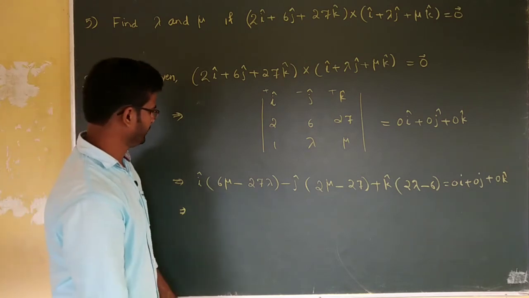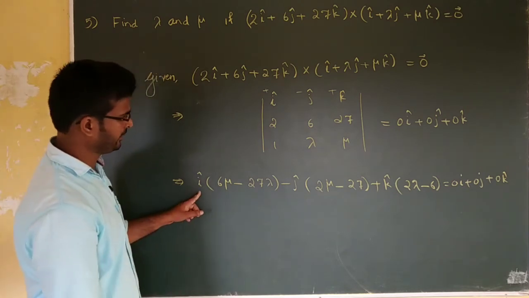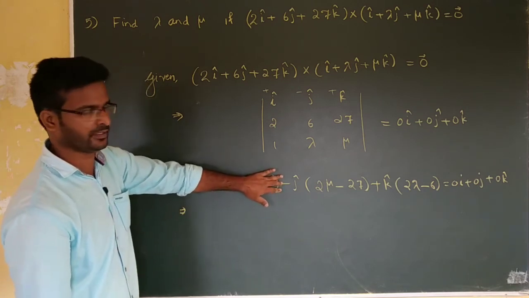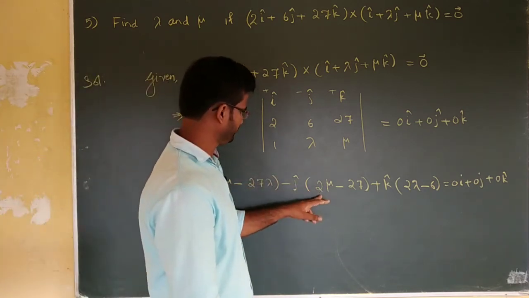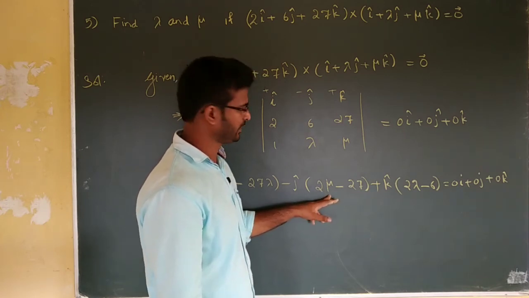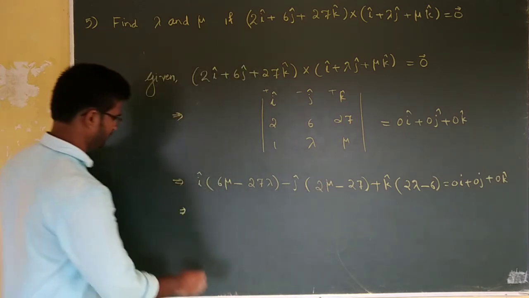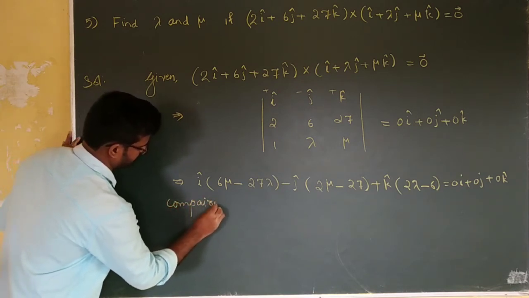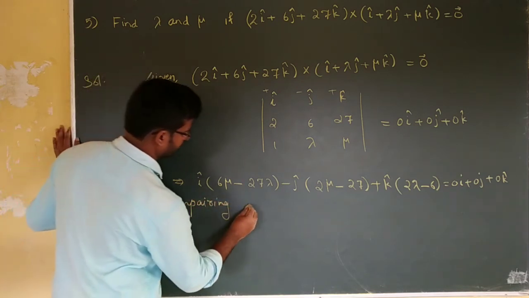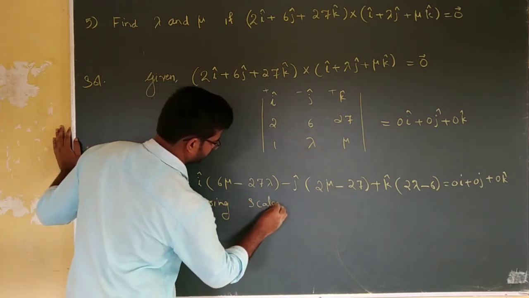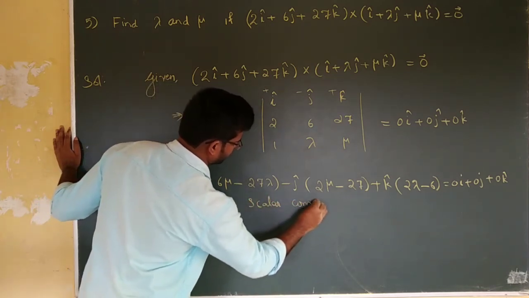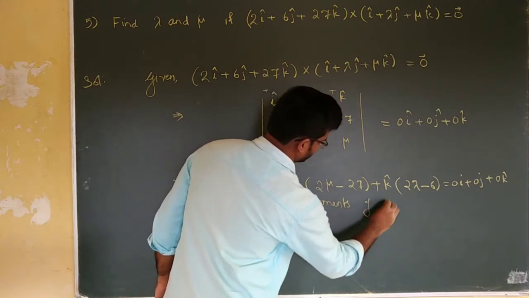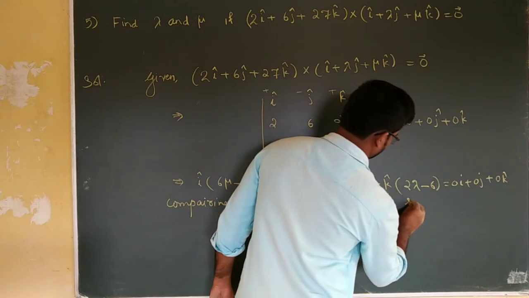Now we can equate. In the i term, lambda and nu both are there. Okay, just leave the first term. In the second term only nu is there. From here we can find out nu. Then comparing the scalar components of j and k vector.